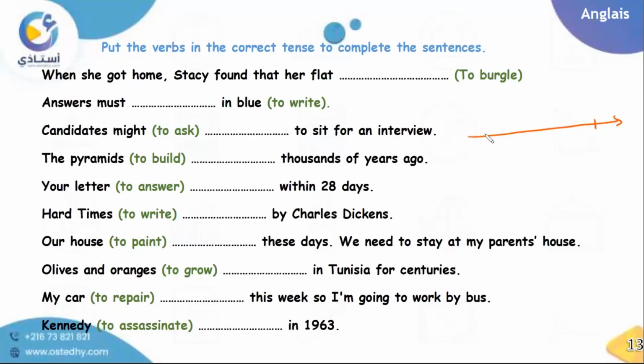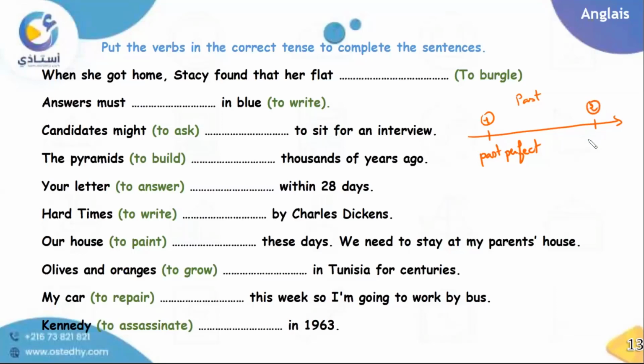In the timeline, in the past, of course, we have two past tenses that can be used one after the other. The first action that happens in the past normally has to be in the past perfect. If we put an action in the past perfect, we mean that it happened a long time ago in the past. It was the first action that happened in the past.